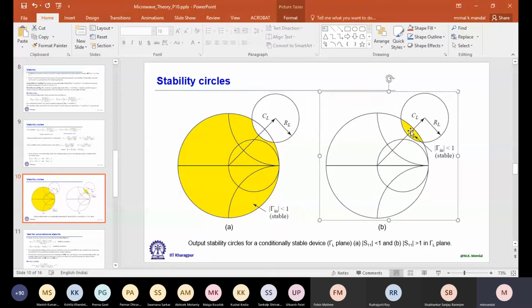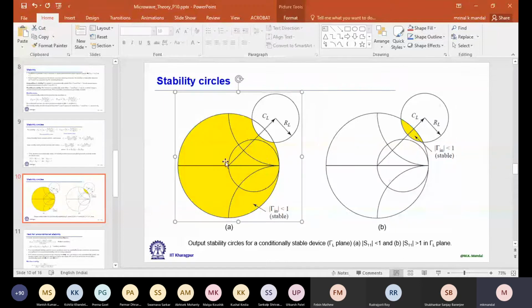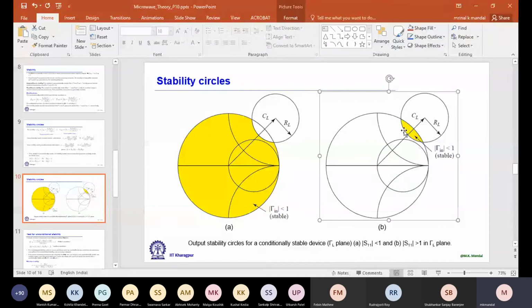Then this might be the range over which gamma in is less than 1. That's how we choose the region. So it can be either this yellow part which contains the center, or this common yellow part which excludes the center, depending on the S11 value of your device or amplifier.